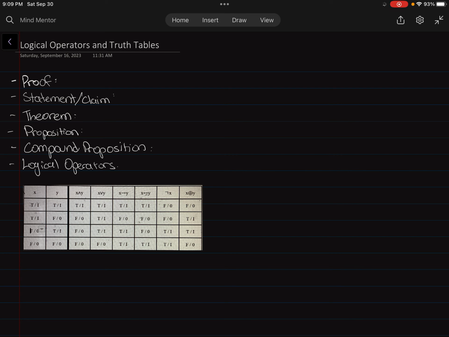Let's start off with a few definitions. A proof is a sequence of arguments that lead to a conclusion. And the conclusion is going to be a statement that proves the premise either true or false, right?